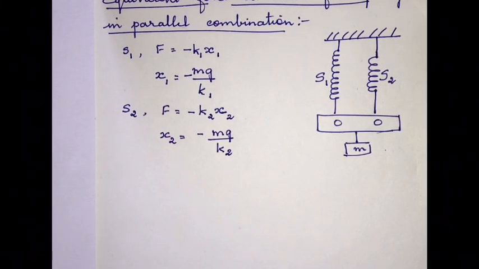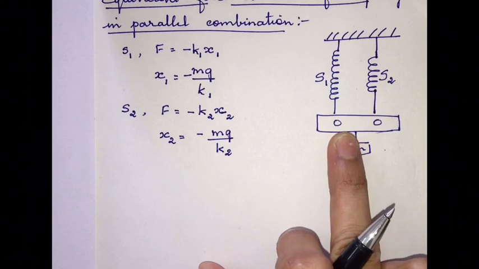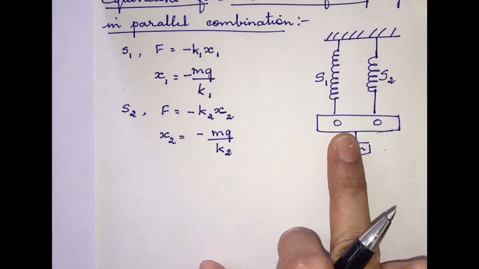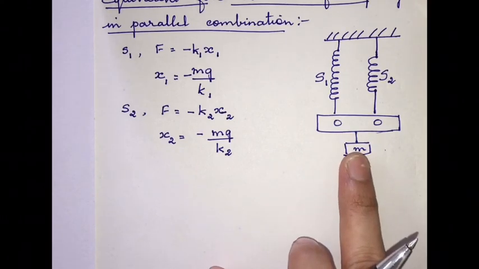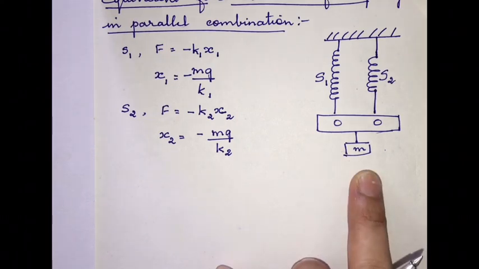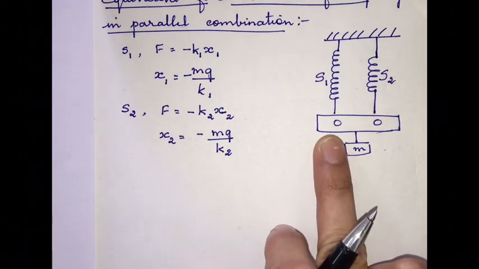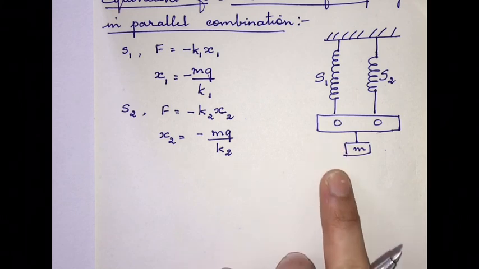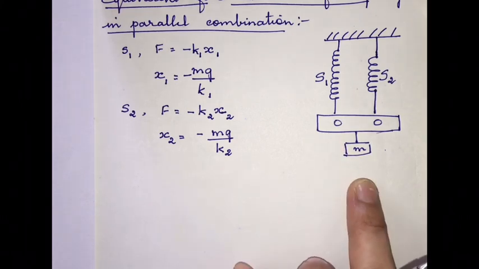Now let these two springs be suspended from a rigid support parallel to each other as shown in the figure. Their free ends are fastened to a free support to which a mass m is suspended. So the free support will get pulled by a distance x due to the mass m.